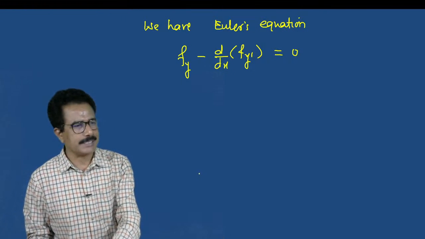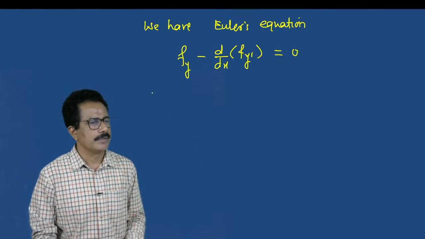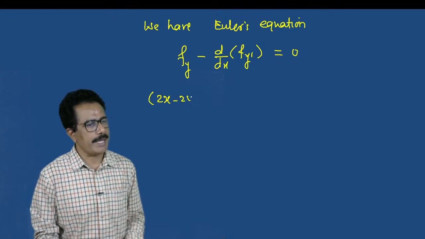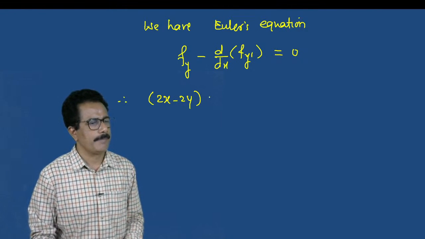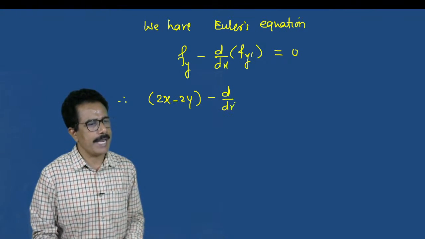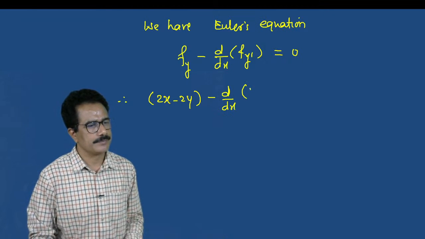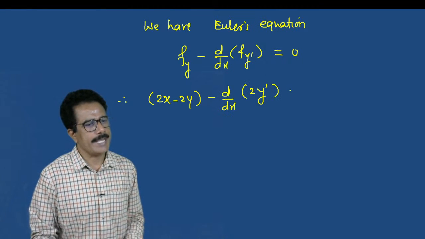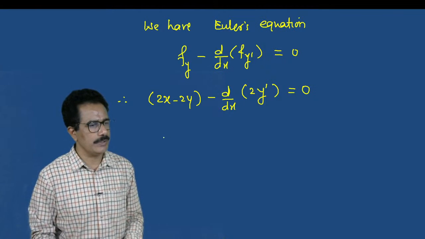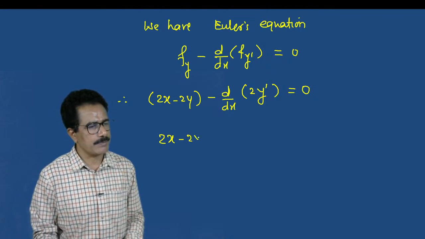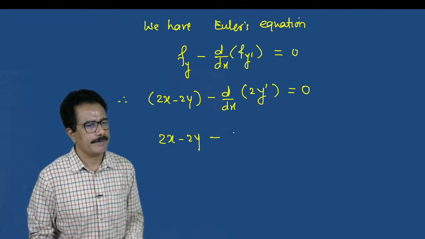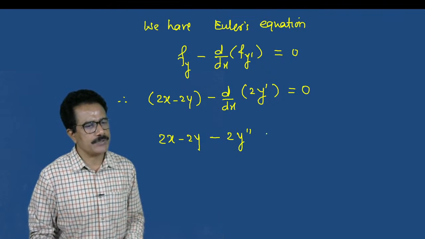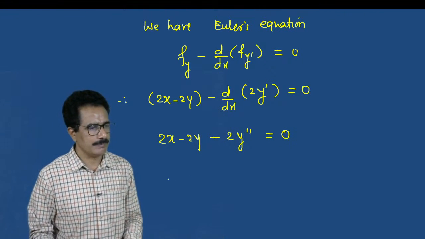काही रॉंग होत असलं तर सांगत चला रे. 2x minus 2y minus d by dx of 2y dash, which is equal to 0. So 2x minus 2y minus 2y double dash, which is equal to 0.